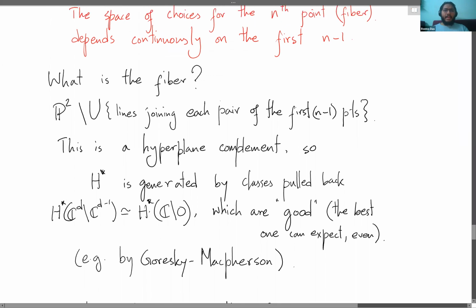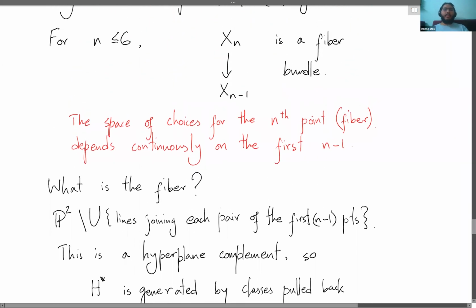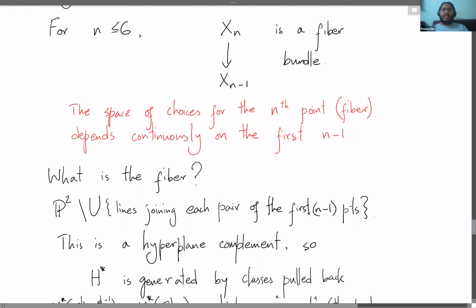So, given that this is a fiber bundle, one could ask the question, well, this should already be enough to compute cohomology. We know a lot about cohomology of fiber bundles. There's a reasonably useful spectral sequence, once I know the fiber bundle and I know the base and the fiber.